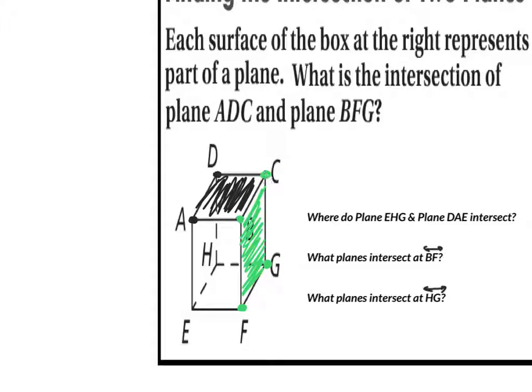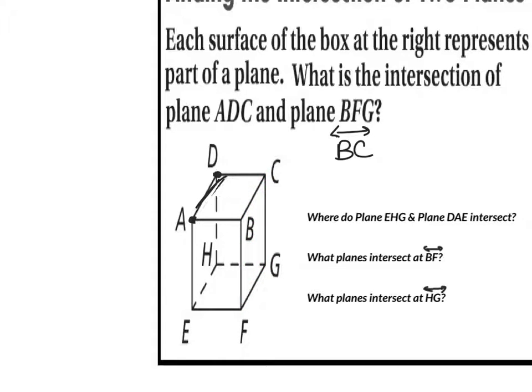That top right corner is labeled as line BC. Making sure you have the correct notation. That's where the two planes, the right side and the top, intersect.